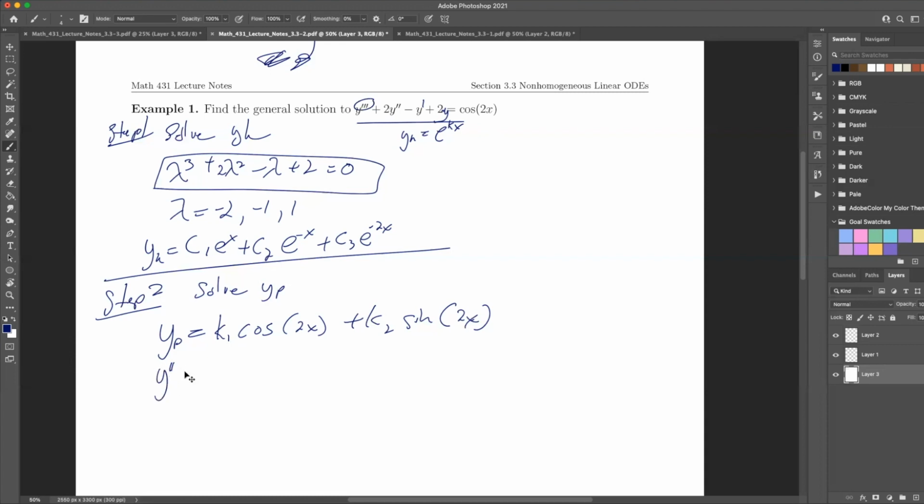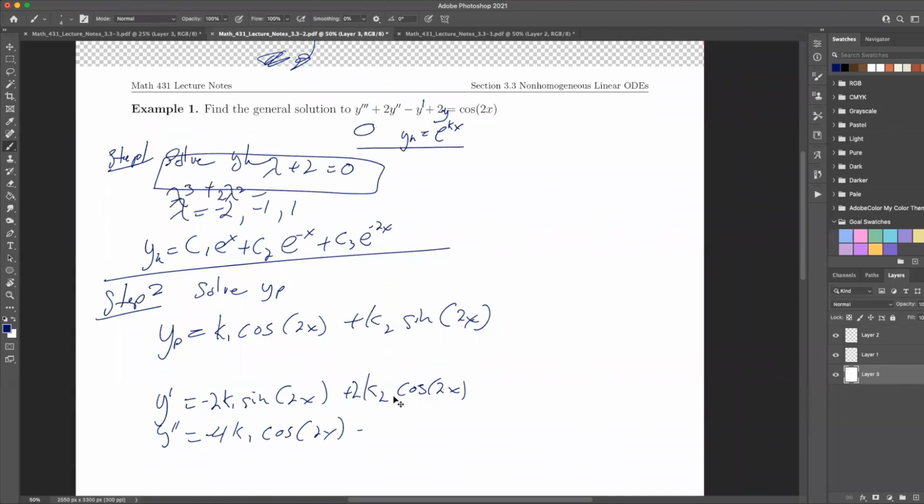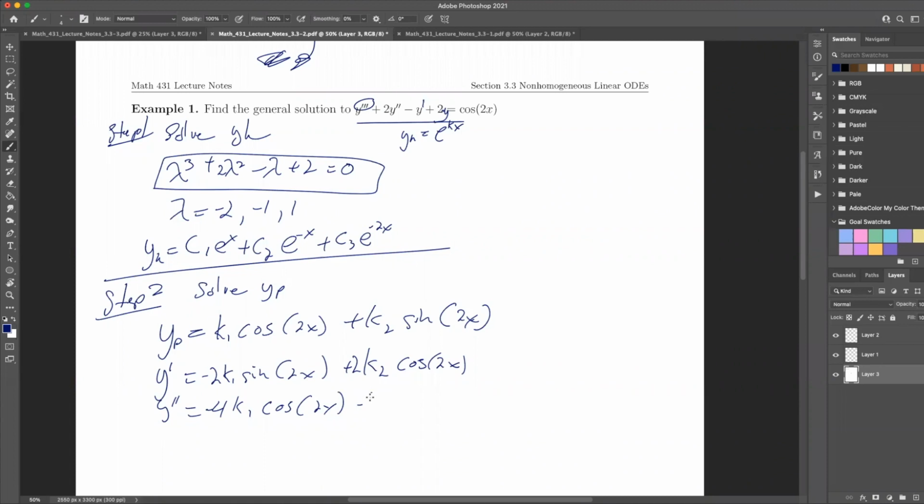So y prime is equal to minus 2k1 sine of 2x plus 2k2 cosine of 2x. Y double prime is equal to minus 4k1 cosine 2x minus 4k2 sine of 2x.